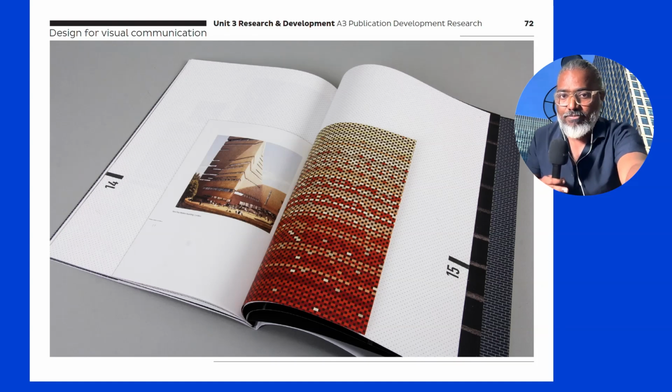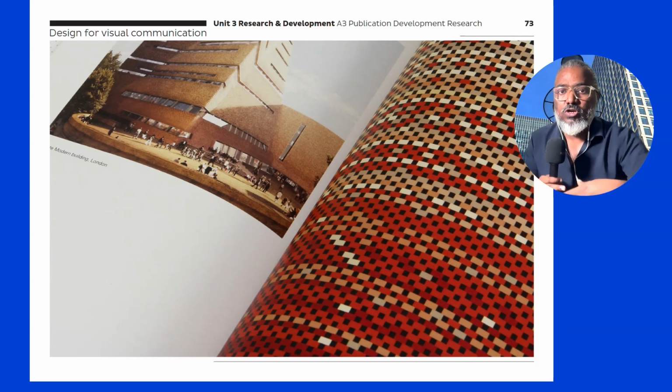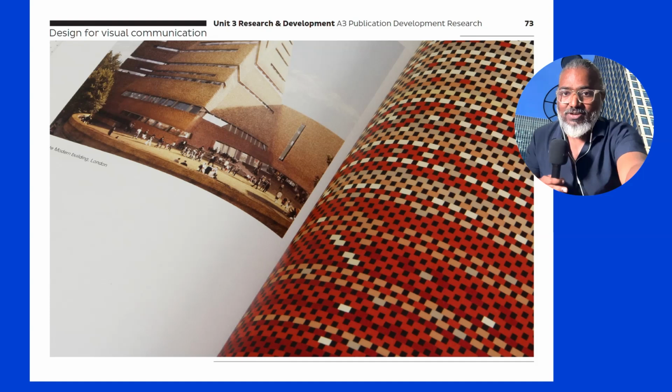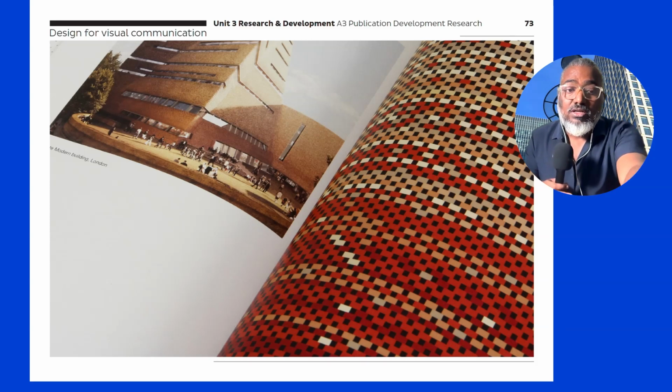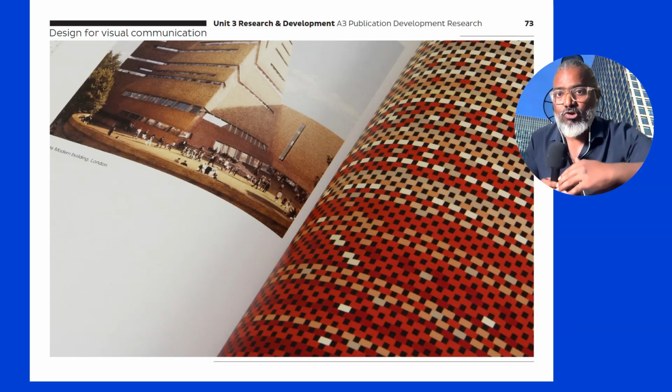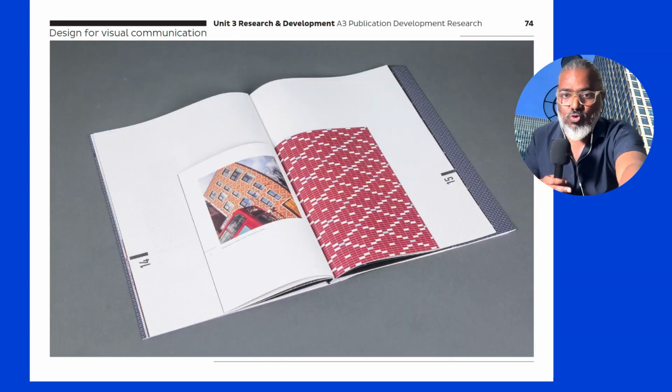Here is one example, the Tate Modern Museum, which uses different colored bricks, from dark to light. The lower building uses darker bricks, and as you go higher and higher, you see lighter bricks.